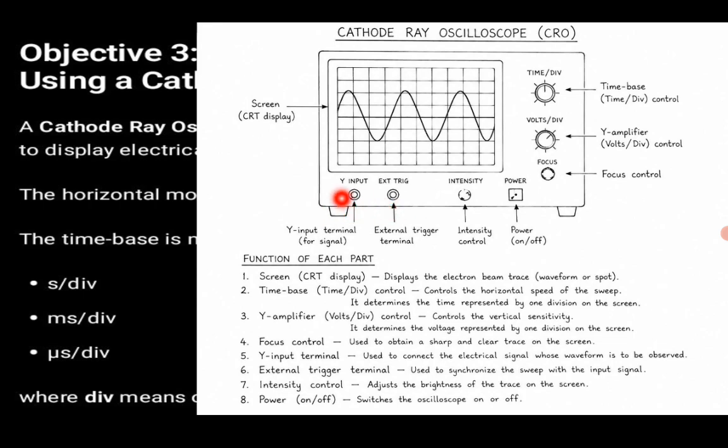And then it has these ports. We have the wire inputs, and this is what is called the external trigger terminal. It has the intensity control, the intensity of the beam, and then it has a power button for turning it on and off.